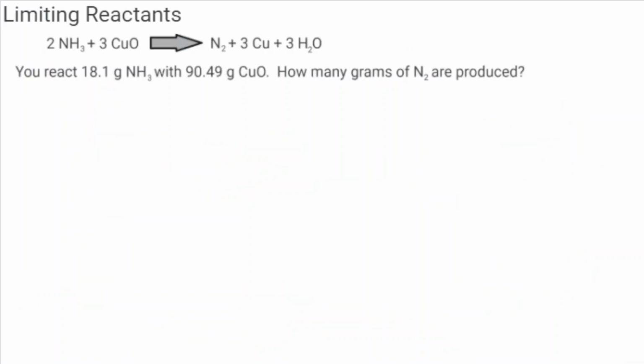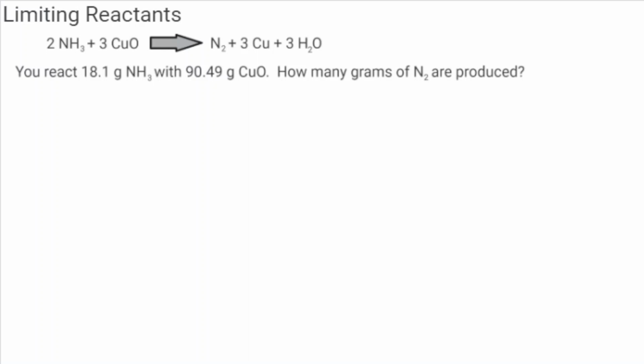So to shift this back over into a more chemical-like problem, let's say we have the reaction shown here where we have 2 ammonia plus 3 copper oxide yielding nitrogen gas, 3 coppers, and 3 water molecules. And we're prompted with: we can react 18.1 grams of ammonia with 90.49 grams of copper oxide. How many grams of nitrogen are produced?